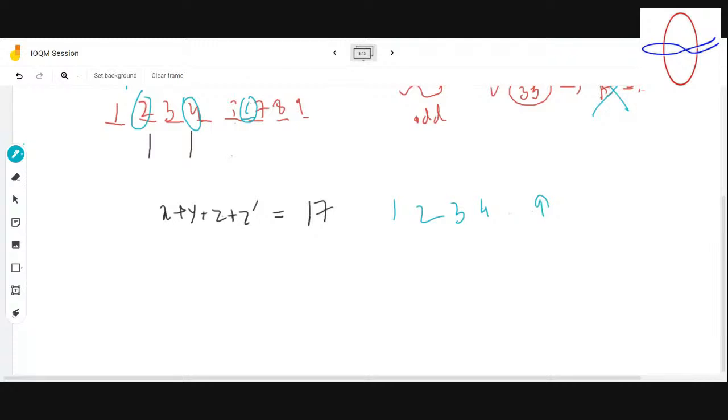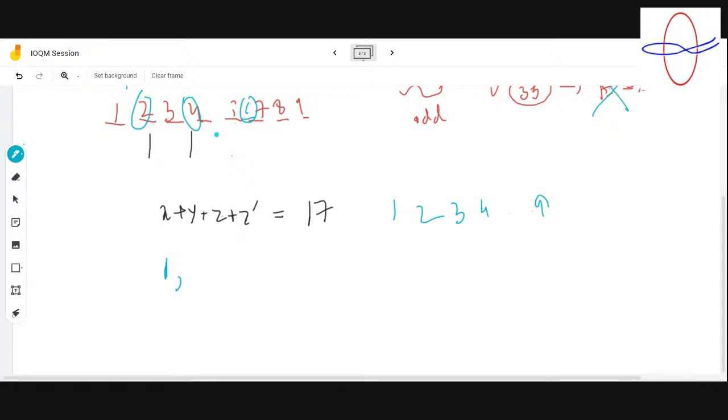So think about it. The only possibilities out there, if you start with 1, one of them is 1, then 16 is there. So 1, 9, 5.